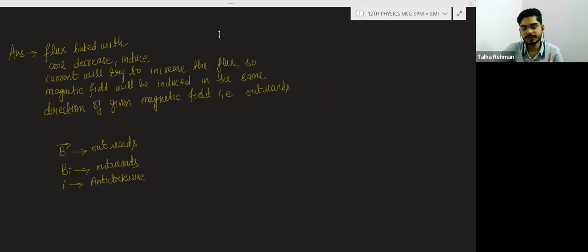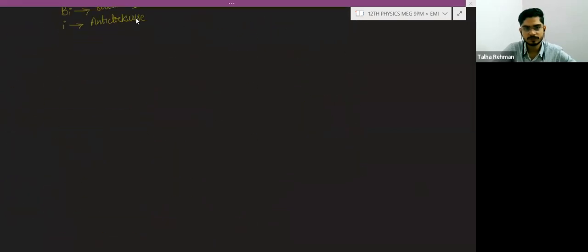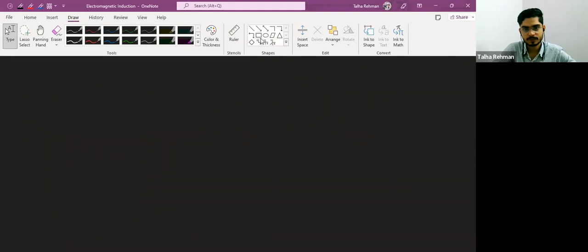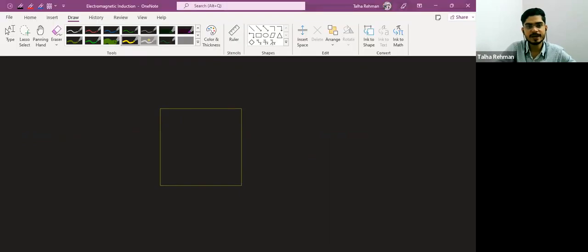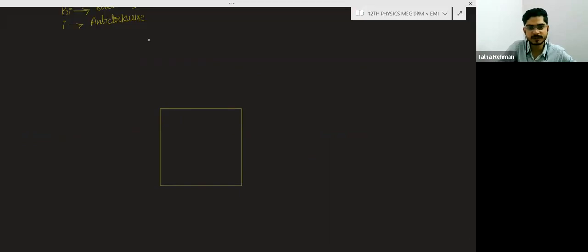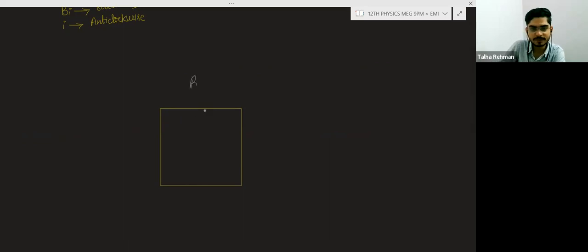Okay, see once again how you will find the direction of the induced current. Suppose this is the coil now, and suppose the induced magnetic field, I am saying the induced magnetic field with respect to this coil, due to the induced current produced in the coil, will be outward.